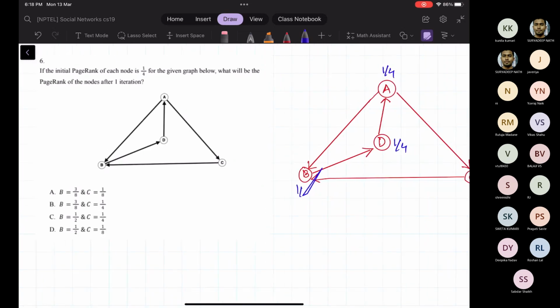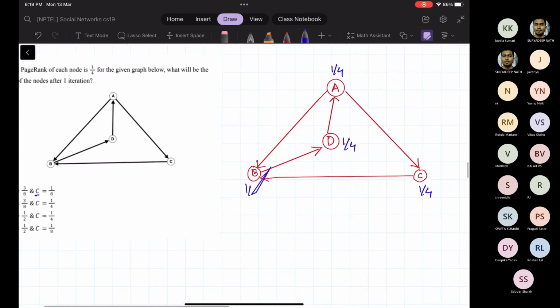Basically, if you look at the options, they are asking us to find the page rank of B and C after one iteration.